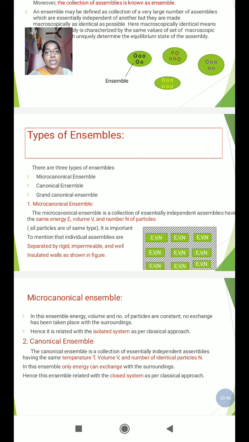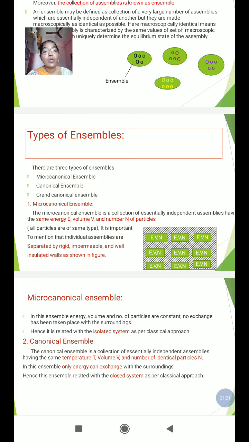And well insulated, all the systems are well insulated. Here the black cross lines represent the insulating behavior. Well insulated means there is no exchange of temperature, there is no exchange of energy. Okay, so completely these do not exchange any energy or volume or number of particles with the surroundings, with the other systems.